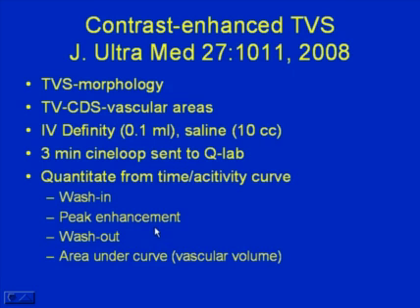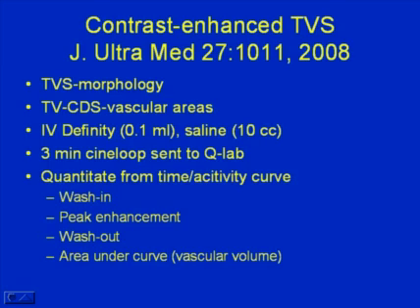Now, our recently published study first looked at tumor morphology and then went into looking at the vascular areas inside of the lesion. After we determined where vascular regions were inside the tumor, DEFINITY was used in an IV setup, 1 microgram per kilogram, followed by a 10 cc solution of saline.